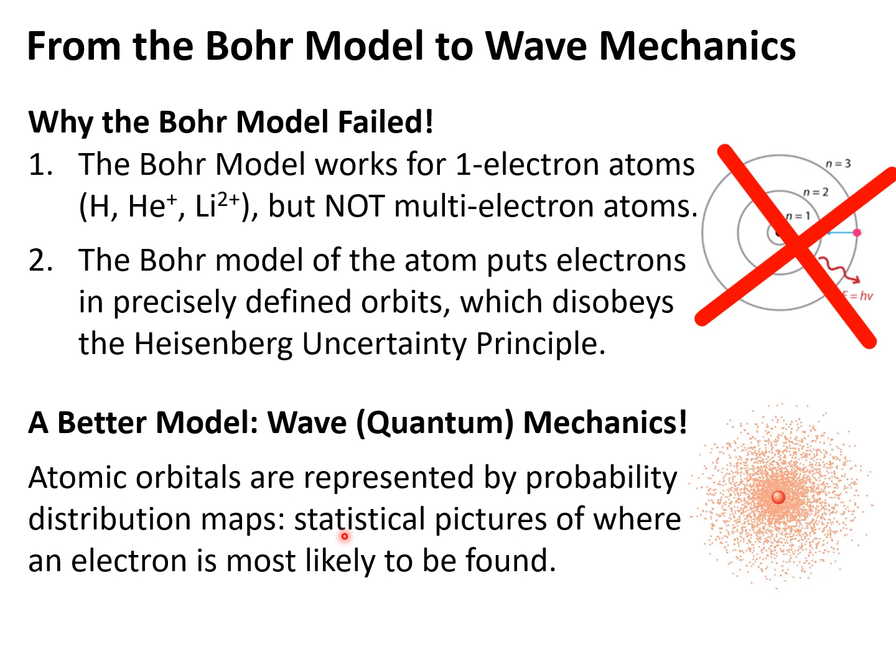This is a statistical picture of where the electron is most likely to be found. And so the electron therefore becomes a probability wave. And this is the most accurate model that we have of an atom.